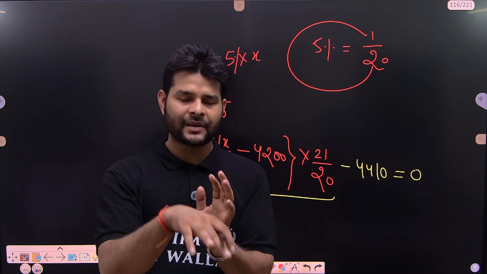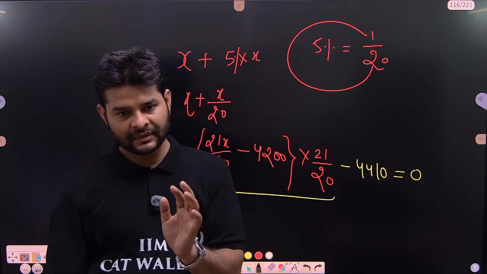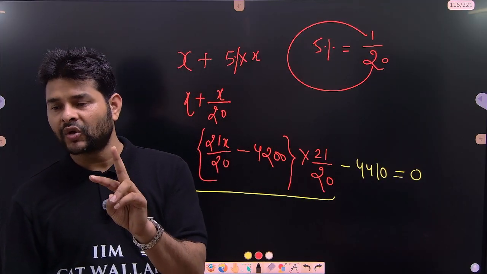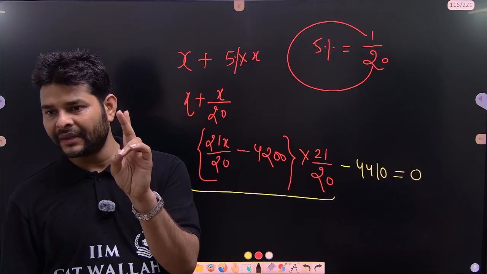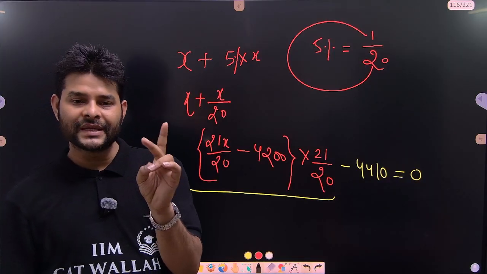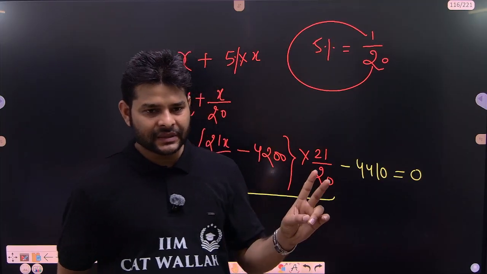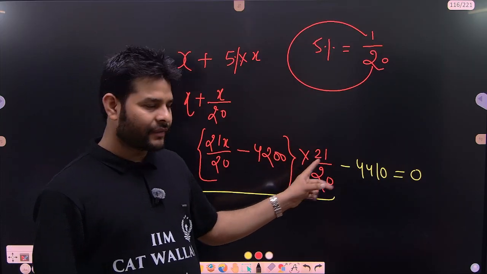On that rest amount, again I need to impose 5%. The reason is that I am paying the total dues after paying 2 installments. If the question says only 1 installment is paid, that means the value here would be 0.